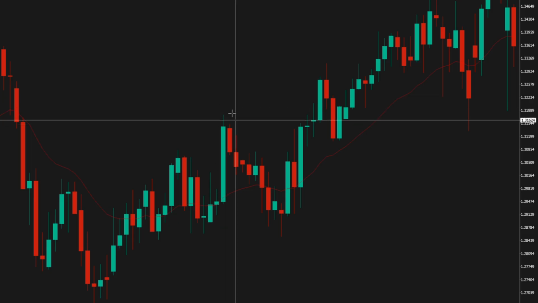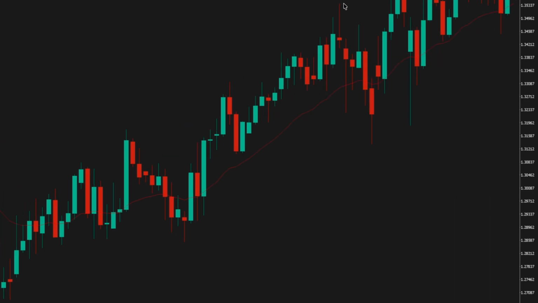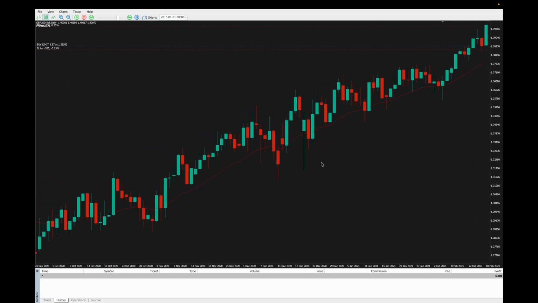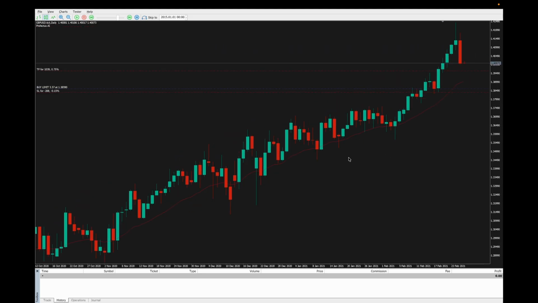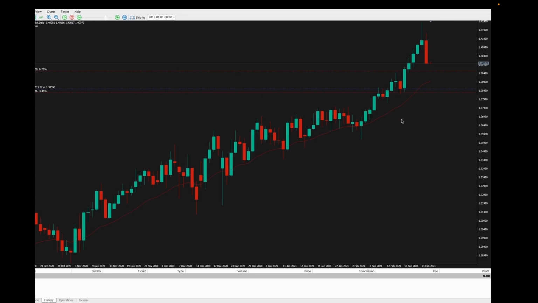So this would be a fractal. This is a swing high. This is also a swing high. This also. As a human being, you can quickly spot it, but to really define what you're spotting is that. That's how we define support and resistance levels, or fractals, or swing highs, swing lows, however you want to call it. We spot it by finding that pattern. When that pattern happens, we know we found a swing low in this case, or swing high.